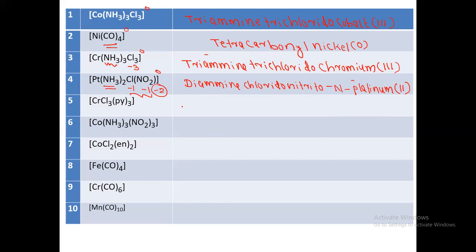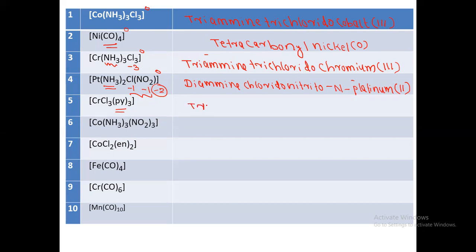I'll do one more. The remaining you can practice. I'll give the answers in the descriptive part, and I'll share the link. You can go through that. So next, what is PY? It's pyridine, right? So pyridine, and this is chlorido. Alphabetic preference goes to chlorido.